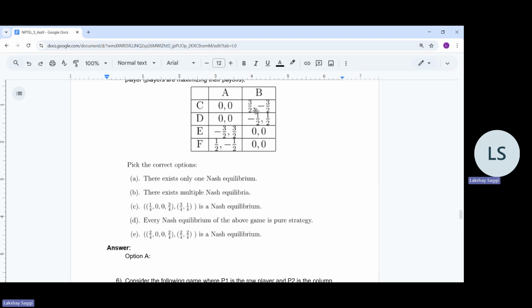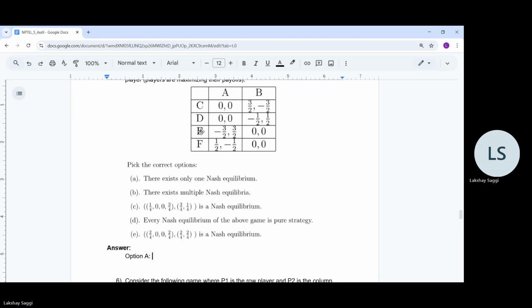But is this Nash equilibria actually equivalent to the whole game's Nash equilibria? Here we are just considering that the player is not playing E and F at all. But what if the player was actually playing E or F as well?